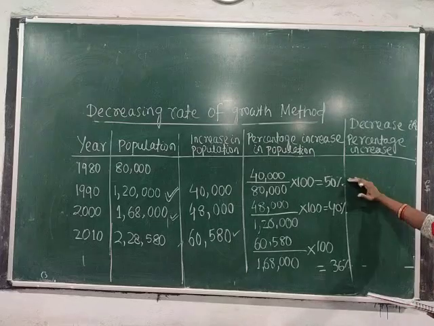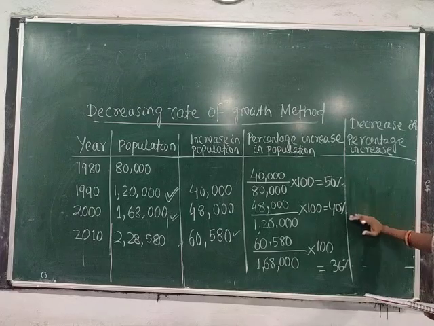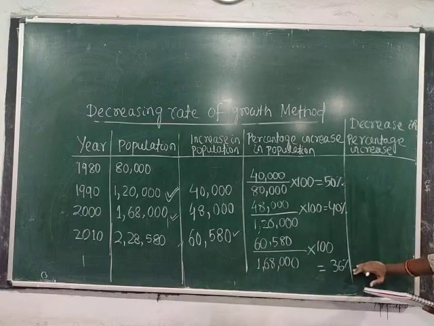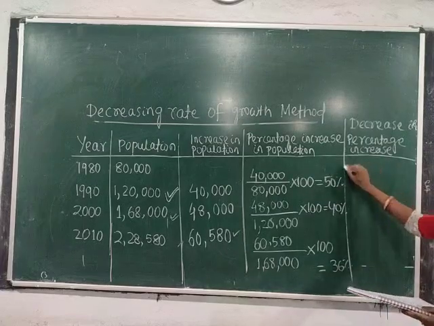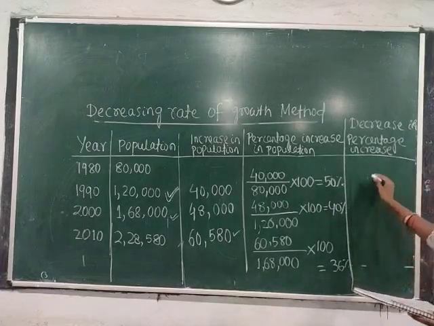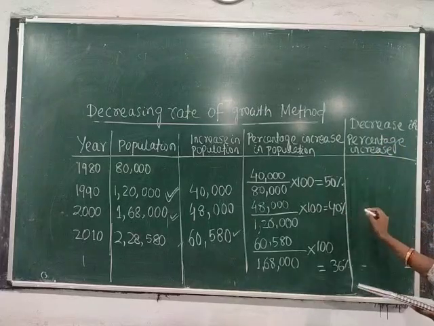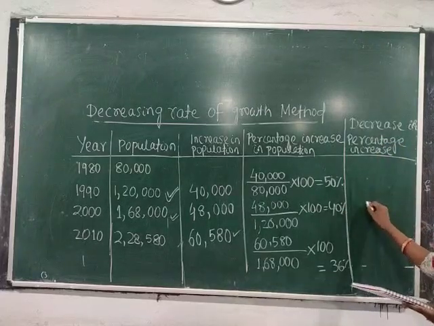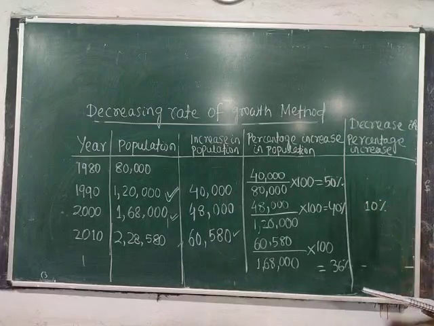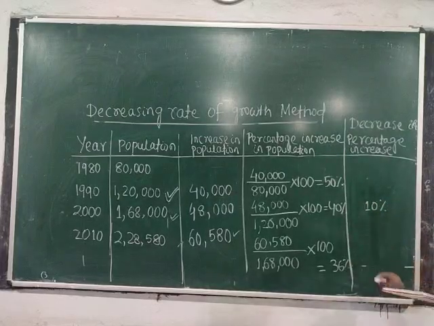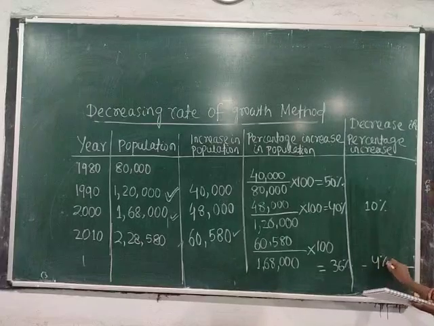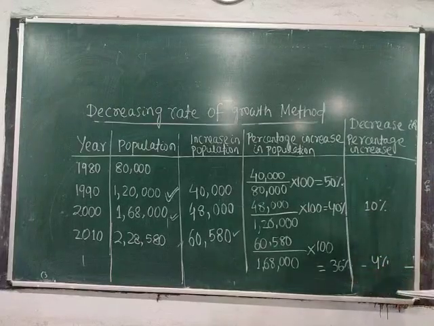So, the growth rate goes on reducing. What will be the decrease in percentage increase? For the first decade the decrease is 10%, then for the next decade it is 4%, from 40 to 36.